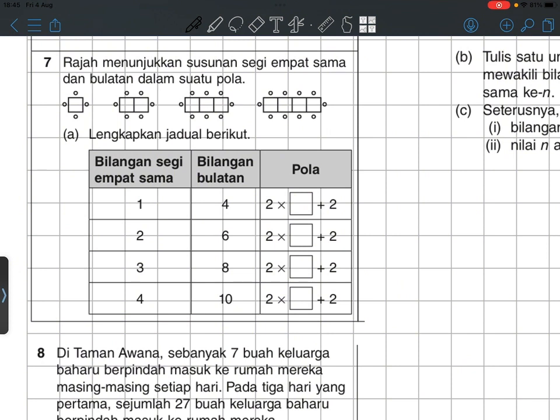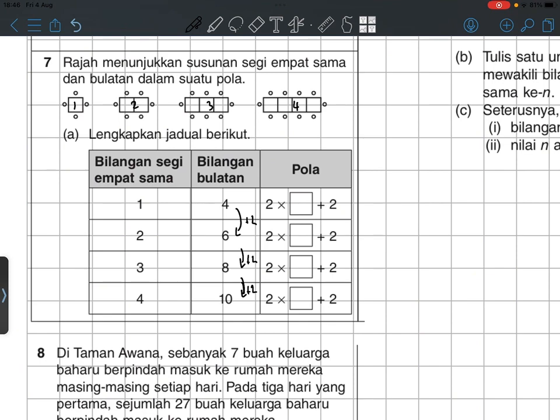When one piece of square, we have 4 circles, so what is the pattern? 1, 2, 3, 4, so this is 1, this is 2, this is 3, this is 4, right? So the number of circles starts from 4 and increases by 2 plus 2 plus 2 plus 2.